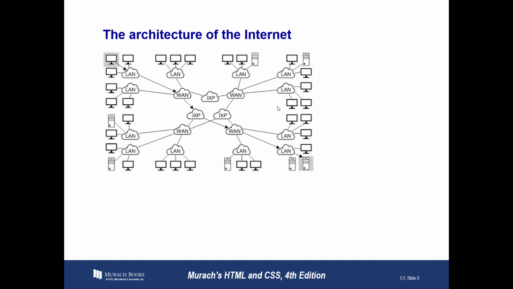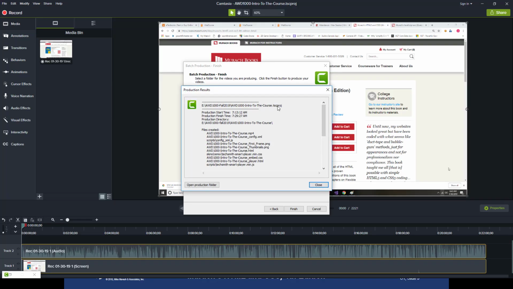On the other hand, a wide area network, a WAN, are for computers that are connected, but they're not physically connected.